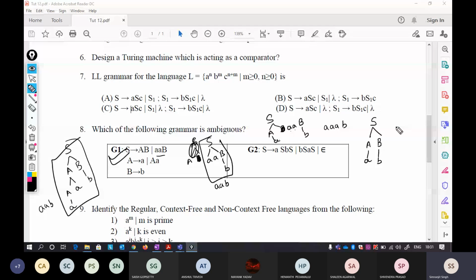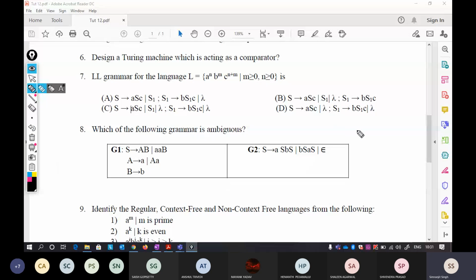Now for this G2, if you remember what ambiguous is, it is that you are able to derive the same string using different trees. So it is just ASBS. I think that is also ambiguous. Let me see. I think it's a little bit different than I anticipated. So now it is ASBS.